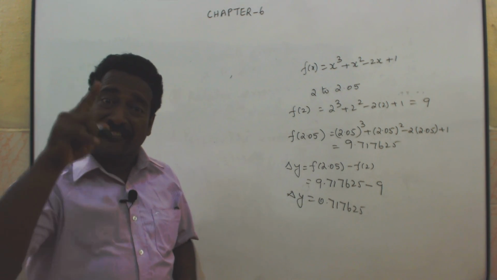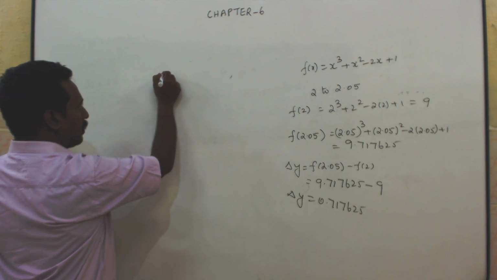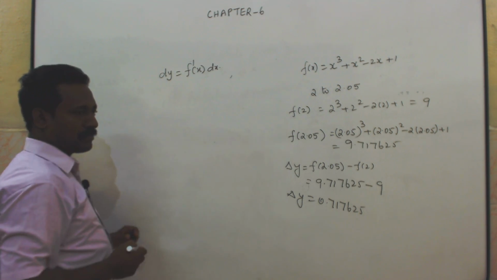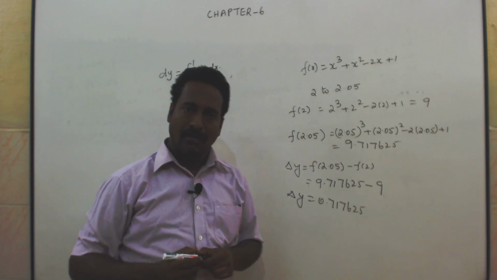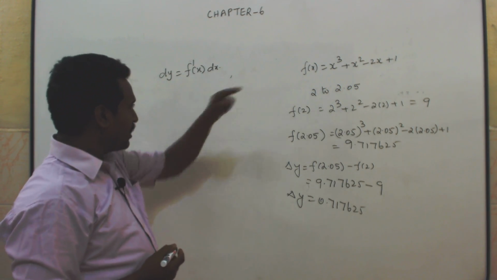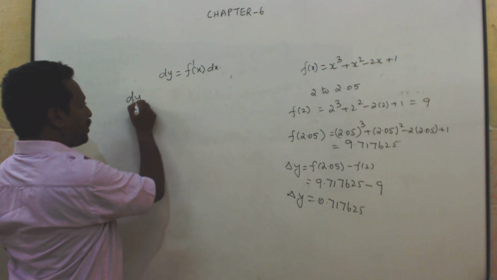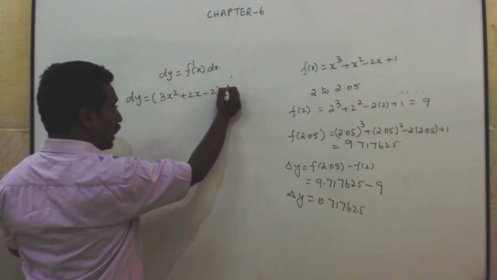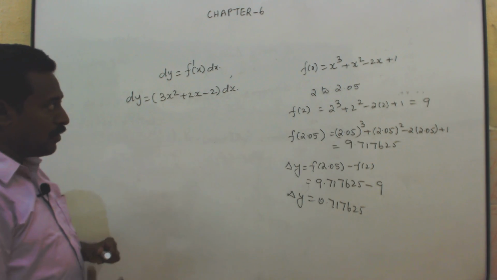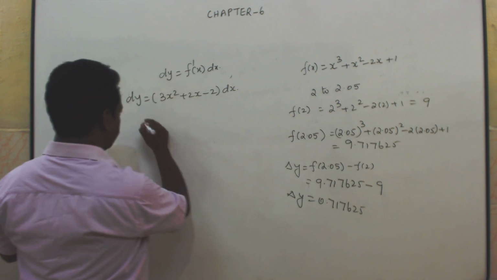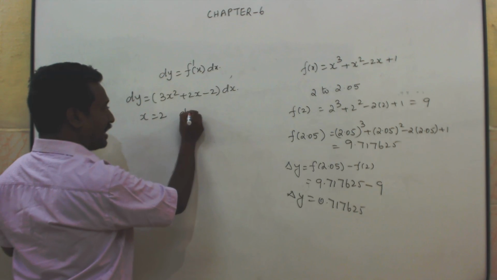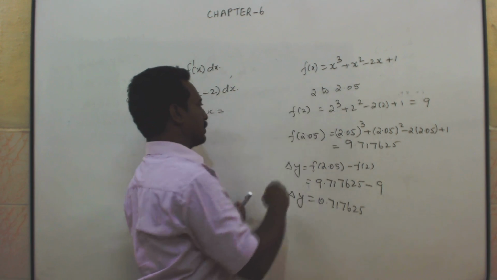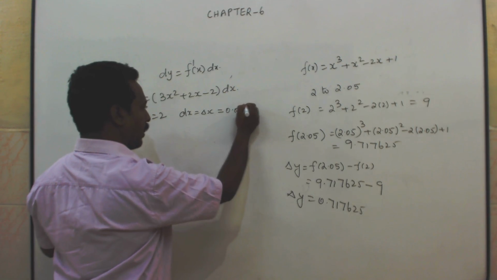Another question they ask, differential of y. dy, already we know the formula, f dash of x into dx. What is f dash of x? Differentiate: dy equal to 3x square plus 2x minus 2 into dx. But we know that the value of x is 2, value of dx is approximately equal to delta x, the difference between these two, that is 0.05.